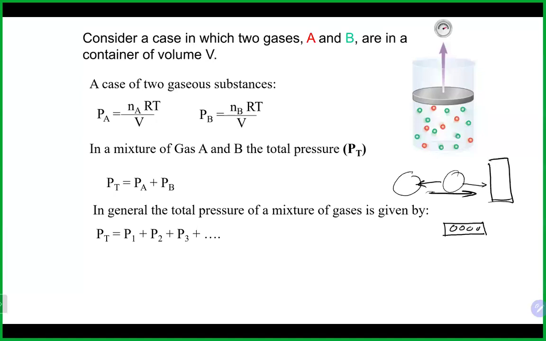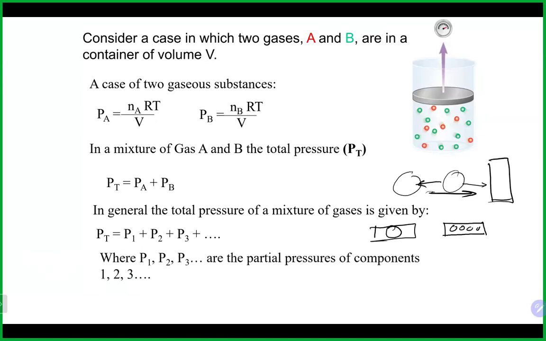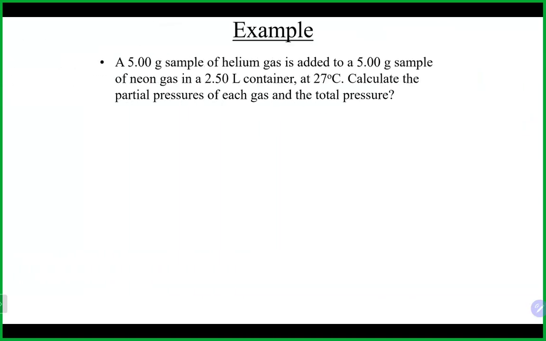And at a lower temperature, they're not going to be flying around as fast, which means they'll be in contact with each other for a much longer period of time. So under those real conditions, you have to take that into account. Also, at a really small container volume, the gas molecules' volume is relatively significant compared to an ideal situation. So the good news is, for ideal situations here, you don't have to worry about it, and you'll learn about real gases a little bit later on.